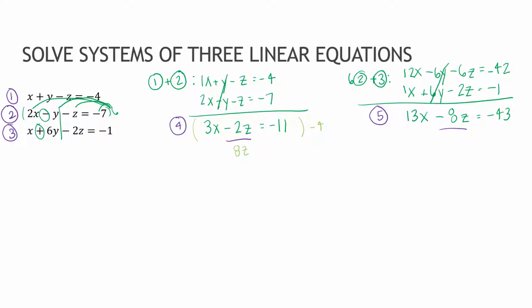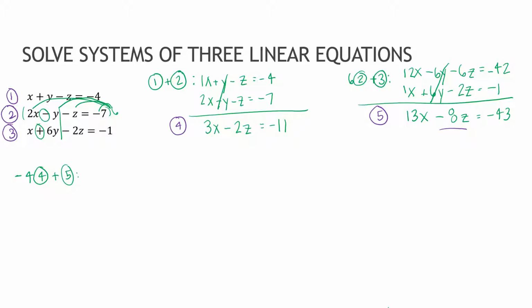I want them to be same number, opposite sign. So that's going to be my next step, is I'm going to take negative 4 times equation 4, and I'm going to add equation 5.